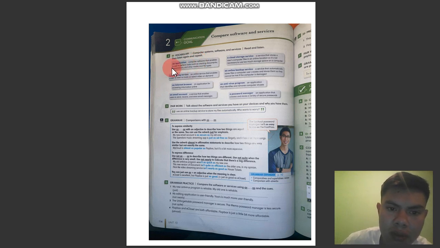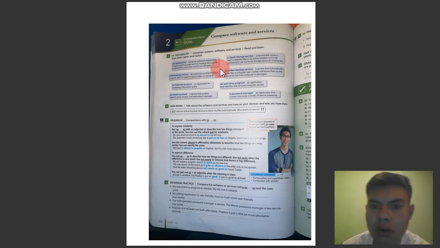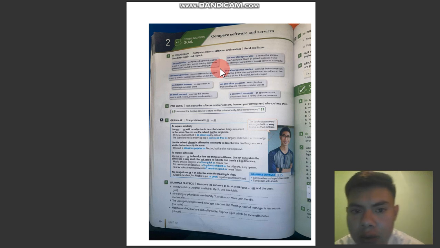For example, an application is computer software that enables a user to perform tasks such as creating documents, presentations, and other media, and the file types. Another example is a cloud storage service, a service that stores users' computer files in an online location.